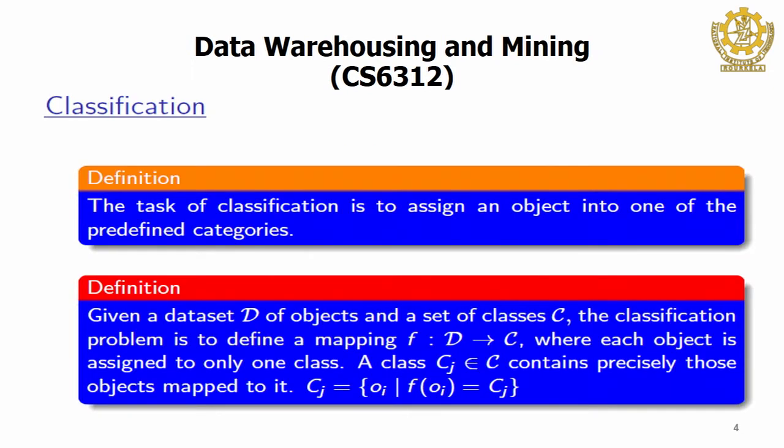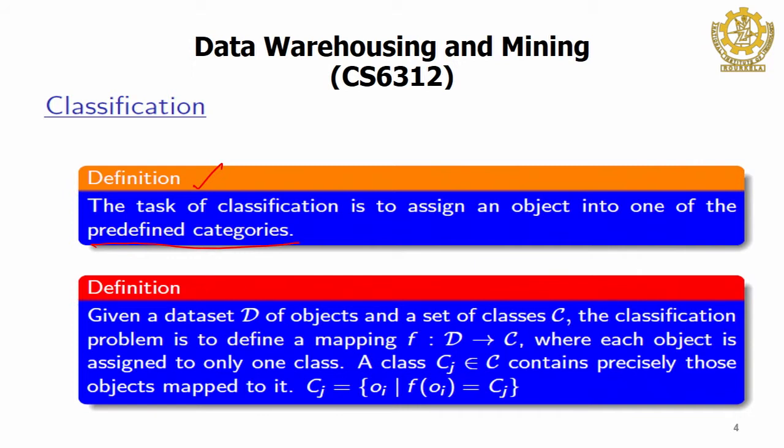So, here we go. The second one is the mathematical definition of classification. Before that, the task of classification is to assign an object into one of the predefined categories. The important thing here is predefined categories.